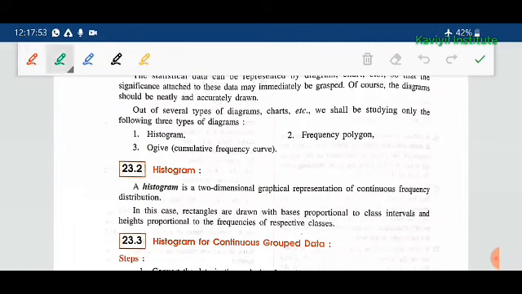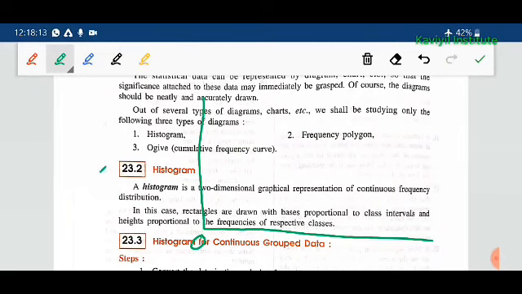I'm just drawing a class here. Rectangles are drawn with bases proportional to the class interval and height proportional to the frequency. So frequency will come here and class interval will come here.